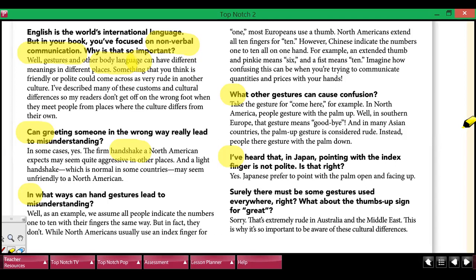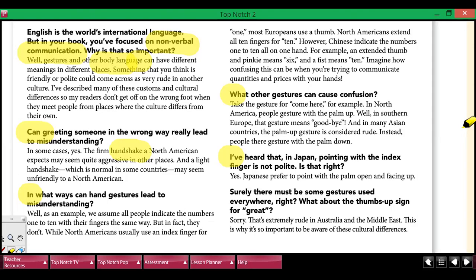In North America, people gesture with the palm up, like this. Well, in Southern Europe, that gesture means goodbye. For example, in Italy, if you do this, that is goodbye.